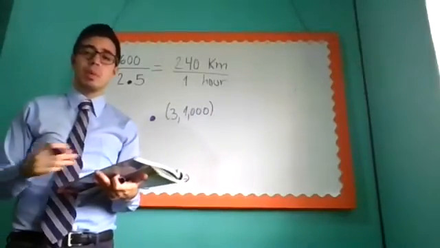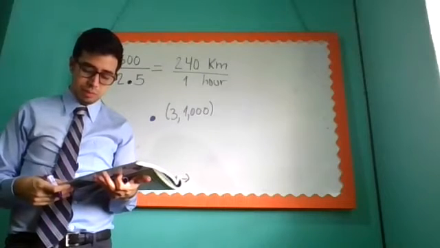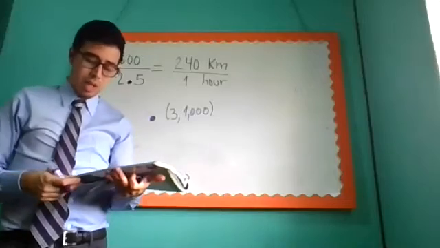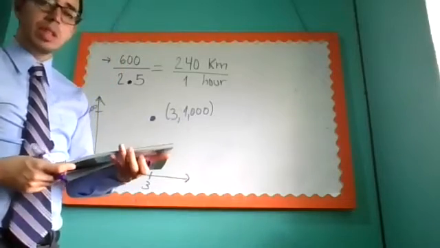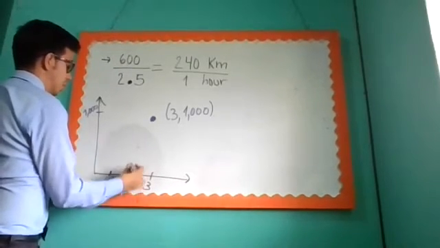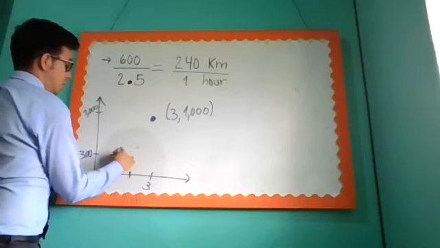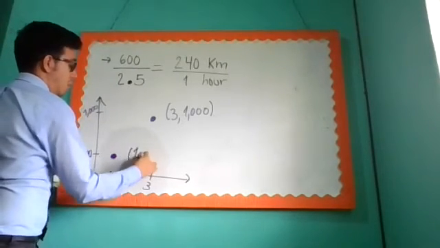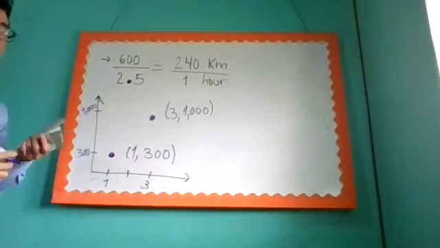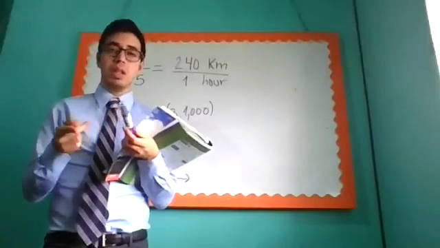We can use the points we want, so I'm going to use the first one. When you have 1 for x, you have 300 for y. And this is going to be located in here, I think. 1 for x and 300 for y. Remember, I used the point I want. I used 2 points, the first one and the third one.